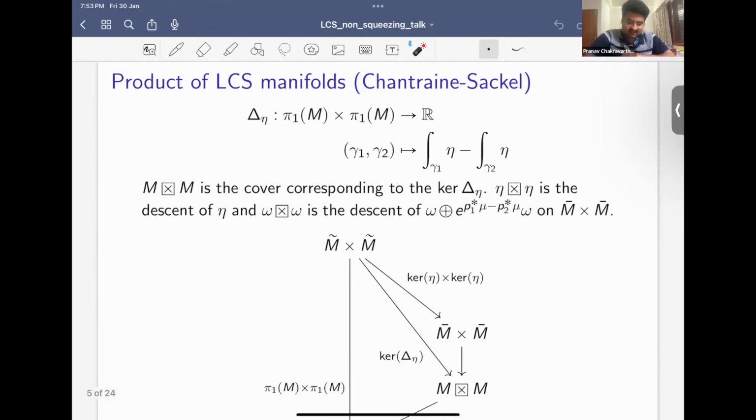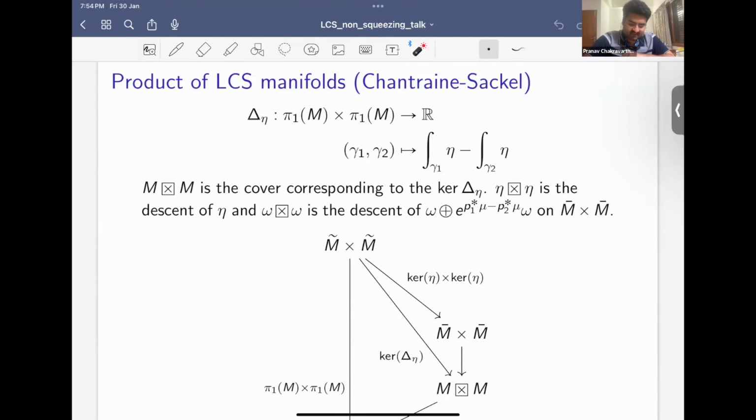One can easily check that if I take the naive product of two LCS manifolds and take the product of the two one-forms, then the product of the two 2-forms is no longer closed under the twisted differential with respect to the product of one-forms. So one has to work a bit harder to construct the right notion of product in this class of manifolds. And the right notion is constructed as follows.